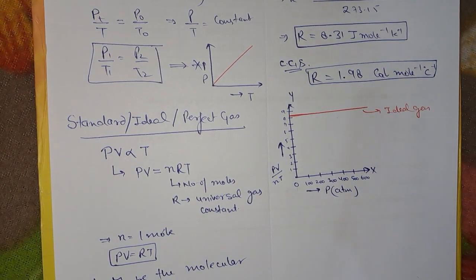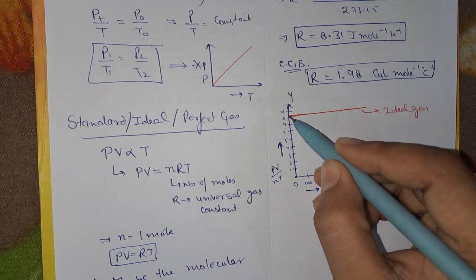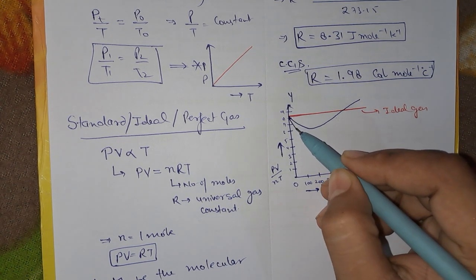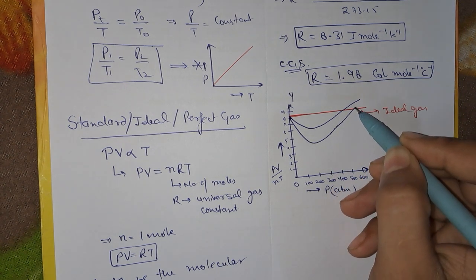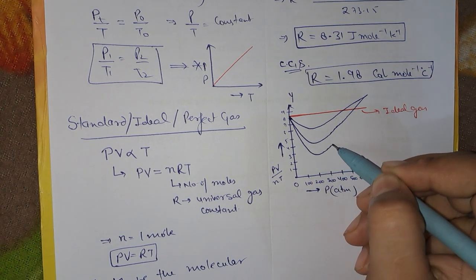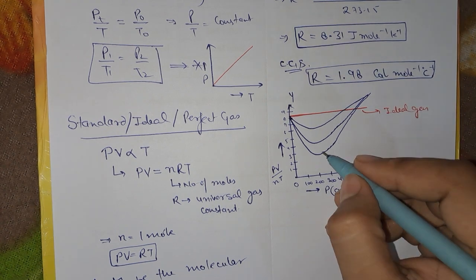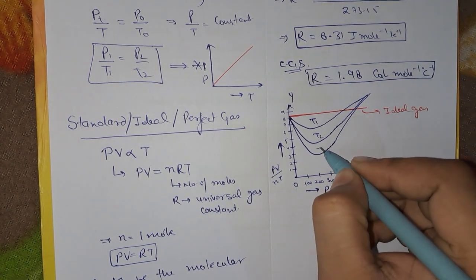But as we see for different gases at different temperatures, what do we observe? We obtain this type of graph for T1, T2 and T3.